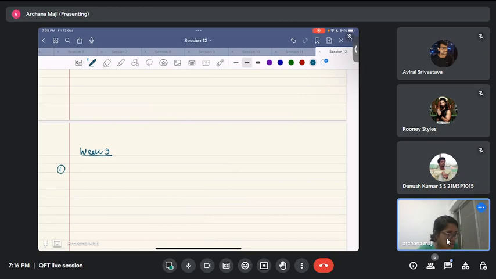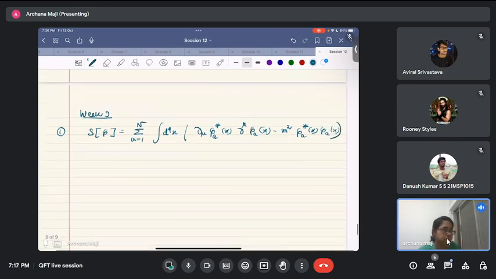Consider the theory of complex scalar fields, but you have n different such complex scalar fields. So your action looks something like this. Summation over A equal to 1 to n, d4x. Evaluate the energy momentum tensor for this theory.